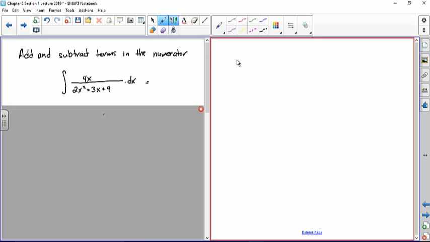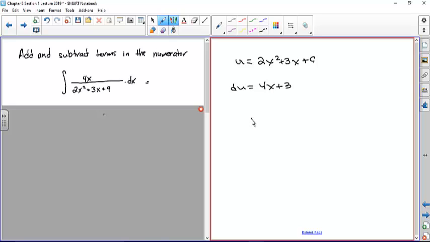Okay, so if I let u equal the entire denominator, and I take the derivative, I'll get 4x plus 3. Now you can see what I have is 4x, but I need 4x plus 3 to be able to make this du over u.